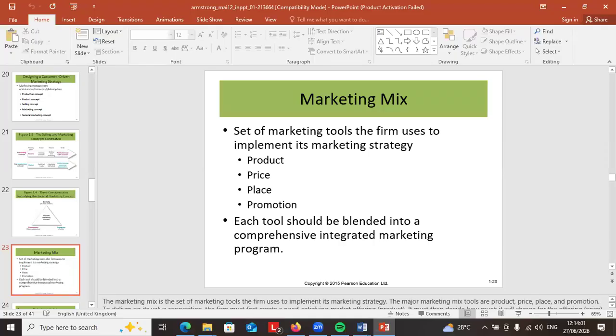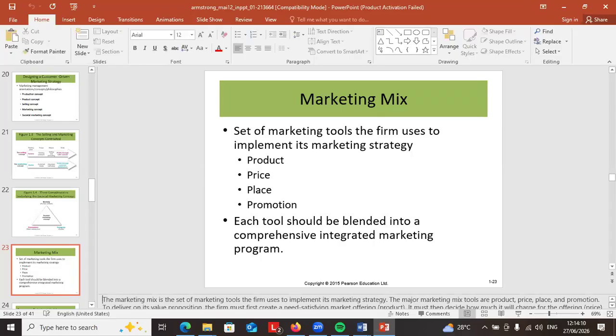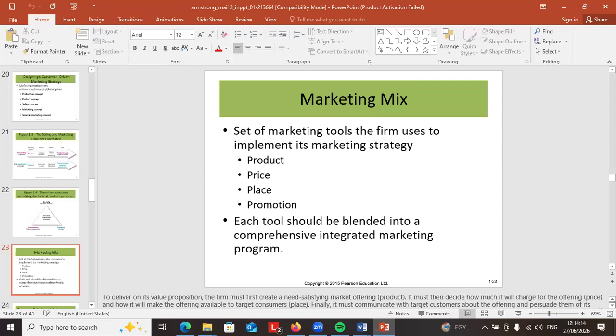So the major marketing mix tools, which are the traditional P's in marketing, are product, price, place, and promotion. Now, to deliver on its value proposition, the firm must first create a need-satisfying market offering known as a product.